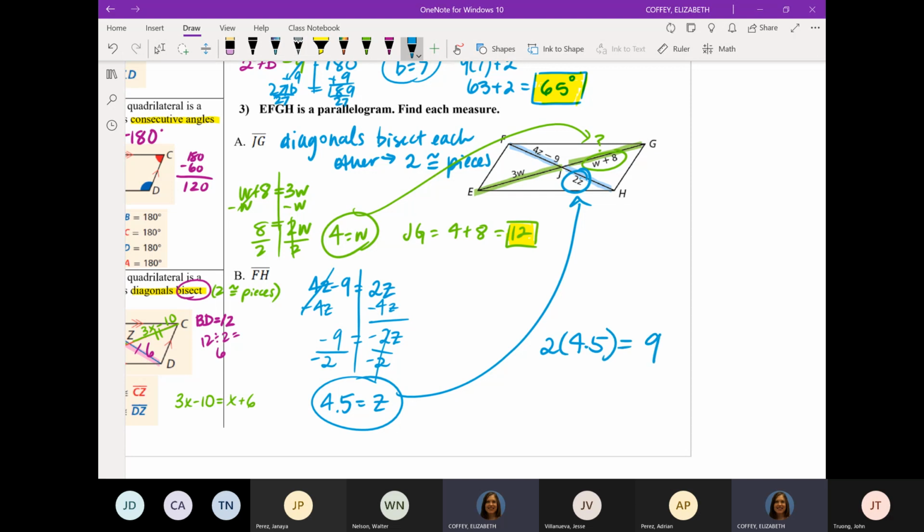So I know that one of these pieces is 9. What does the other piece have to be? 9. Could you plug in? Sure. But I know they're going to be the same. But I'm asking you for FH, the whole thing. So you either do 9 plus 9, or like Chris said, you can multiply that by 2 to get 18 for your entire FH.